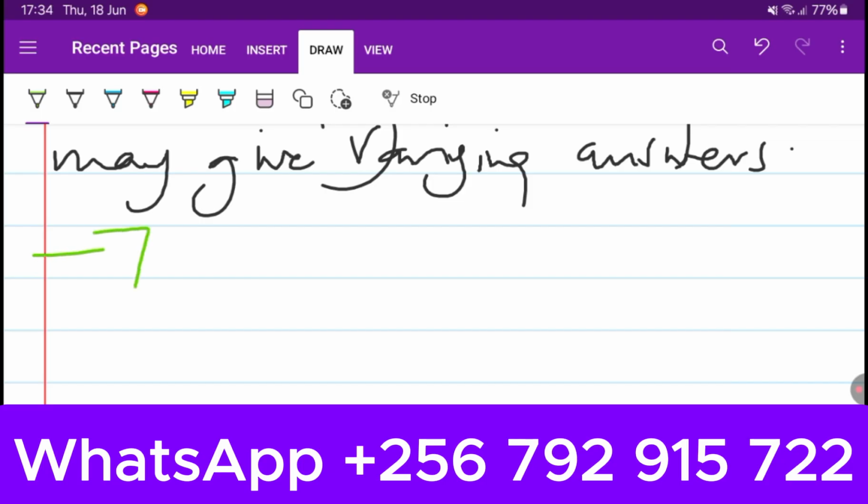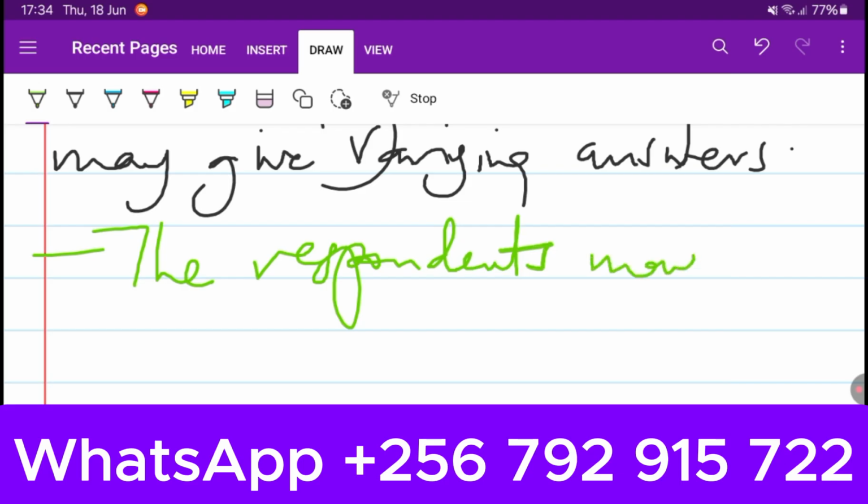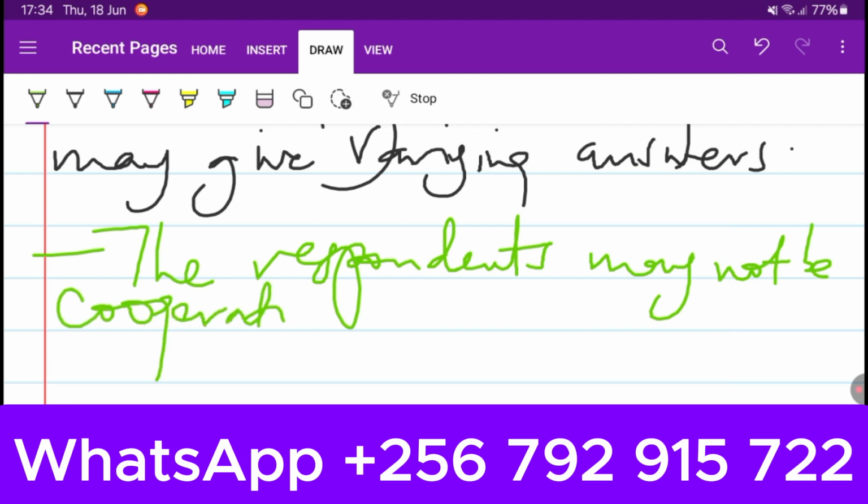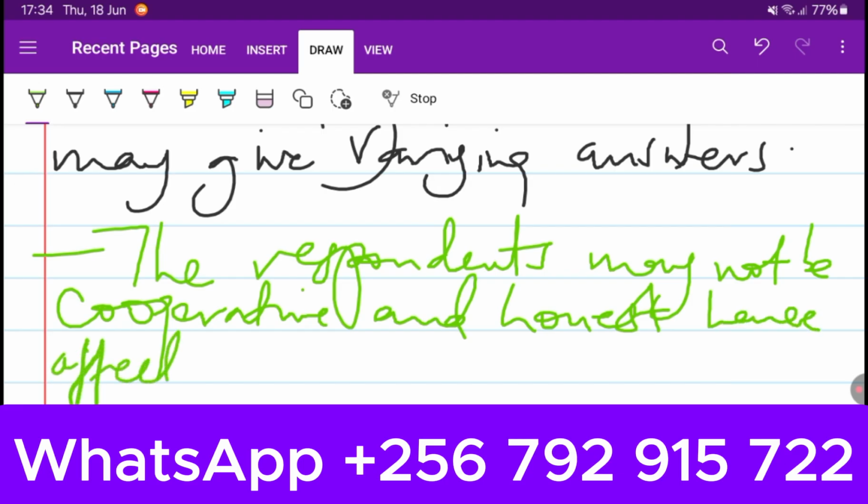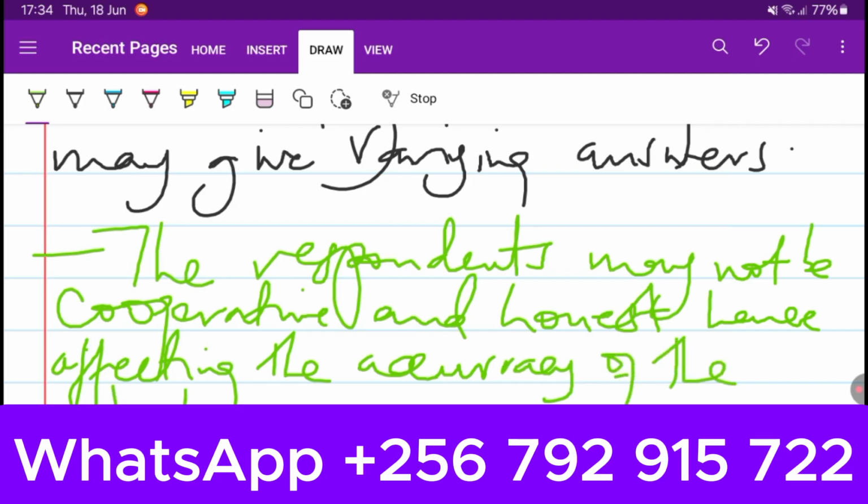The last one that we can think of is that the respondents may not be cooperative and honest, hence affecting the accuracy of the information collected.